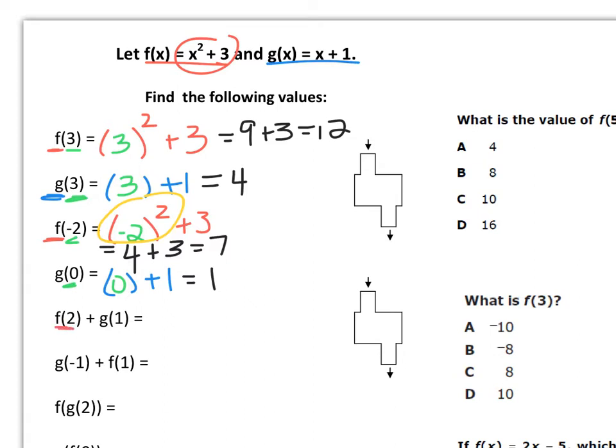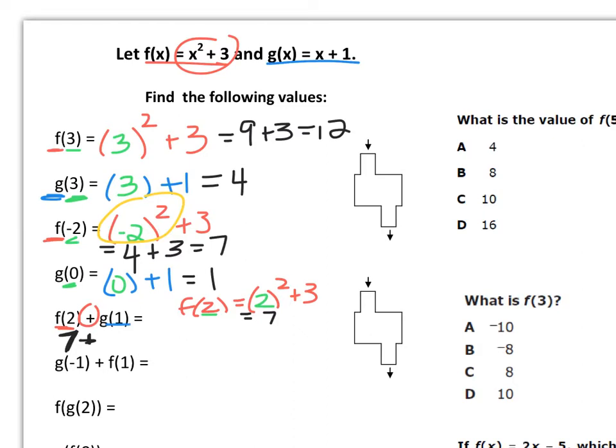So for these, what I like to do is do these separately, and then in this case I'm going to add the answers. So f of 2, something squared plus 3, plugging into here. So 2 squared is 4, plus 3 is going to give me 7. So I know f of 2 is 7. I'm going to add that to whatever g of 1 is.